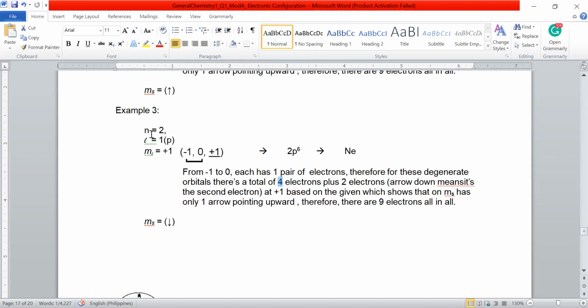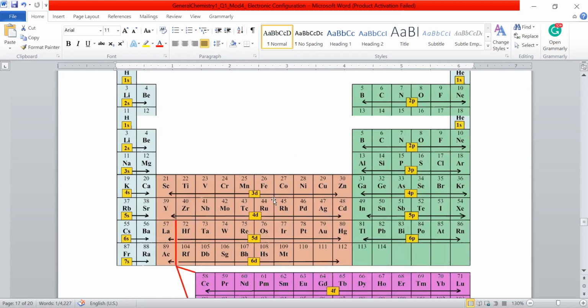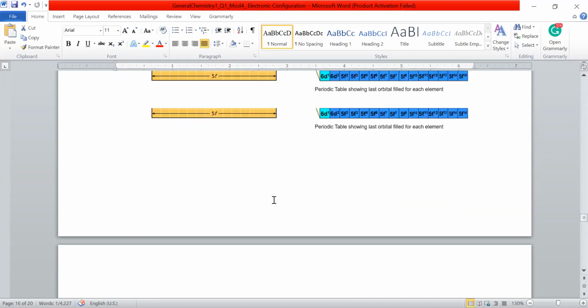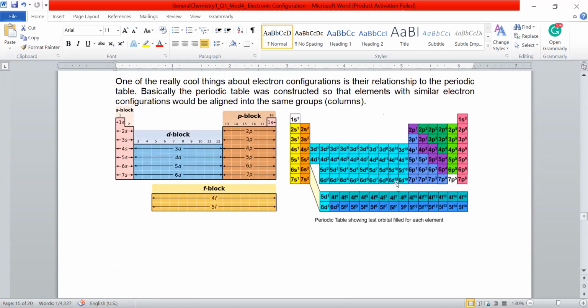Now this is easy, because we have 2, so automatically write 2. If L is equal to 1, it means that it is a p suborbital, so you just write p and then 6. You go to your periodic table.